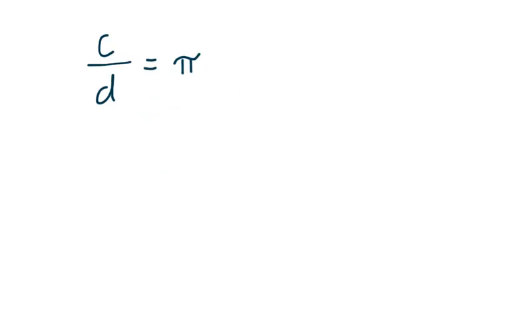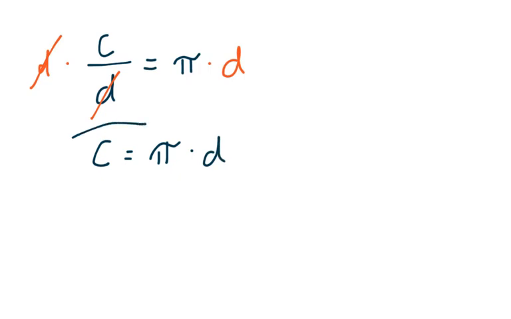The first formula is going to come straight from what we just looked at, that circumference divided by diameter equals pi. We'll do a tiny little bit of algebra here where we multiply both sides by the diameter. On the left-hand side, those cancel, and what we end up with is that circumference equals pi times diameter. This formula here gives us the circumference of a circle if we know the diameter.